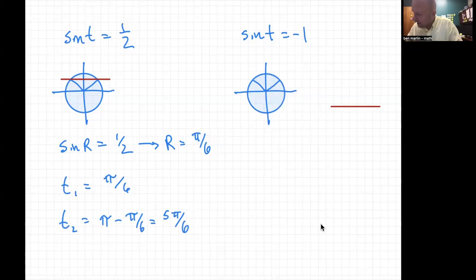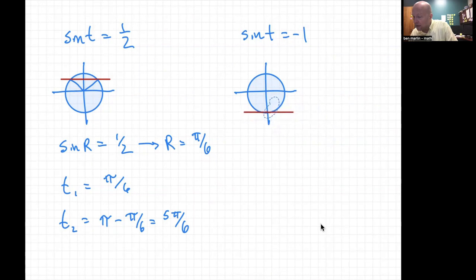Sorry, folks. I'm trying to drag out the angle marks, and I really didn't expect that to work. Okay. So the sine t is equal to -1.